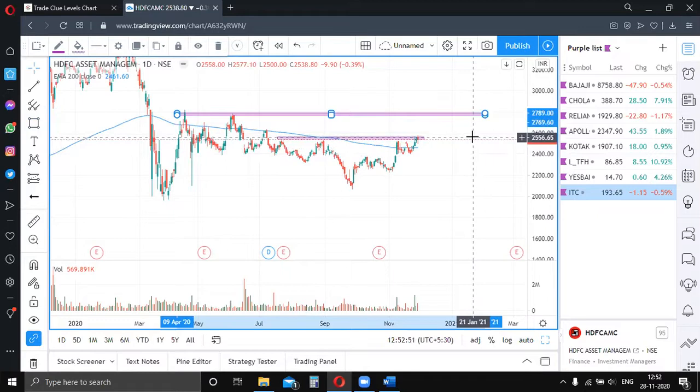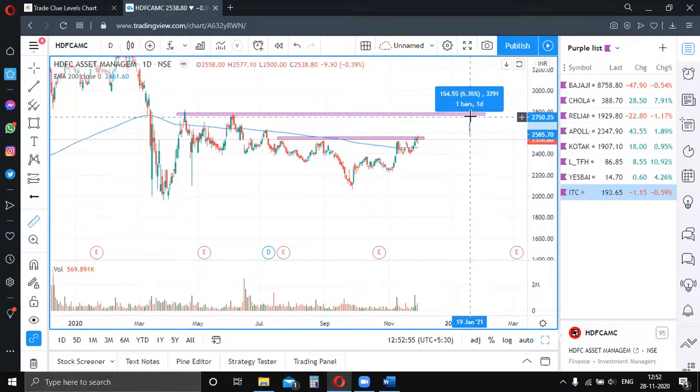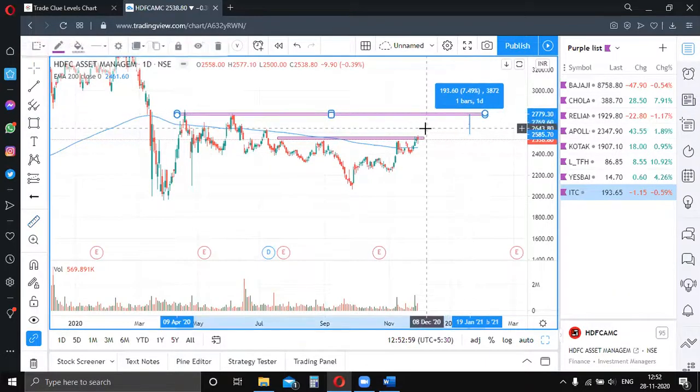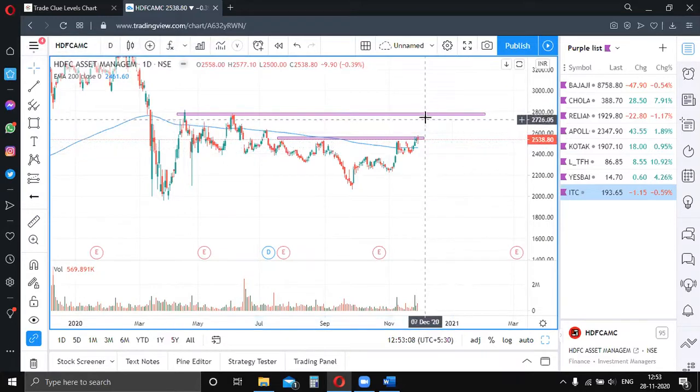Still, that zone is somewhere about 5-6%, 7% up from that zone. But if you get a strong candle over here and then there's a very close resistance, it will not satisfy all the criteria, right? Rather, I will wait for a clear breakout from that zone itself.